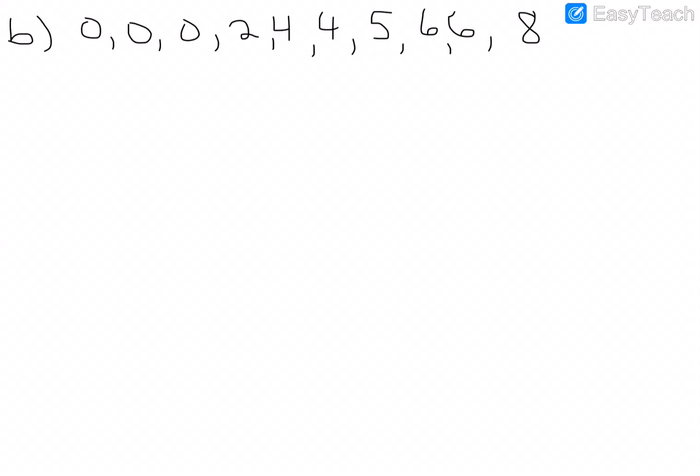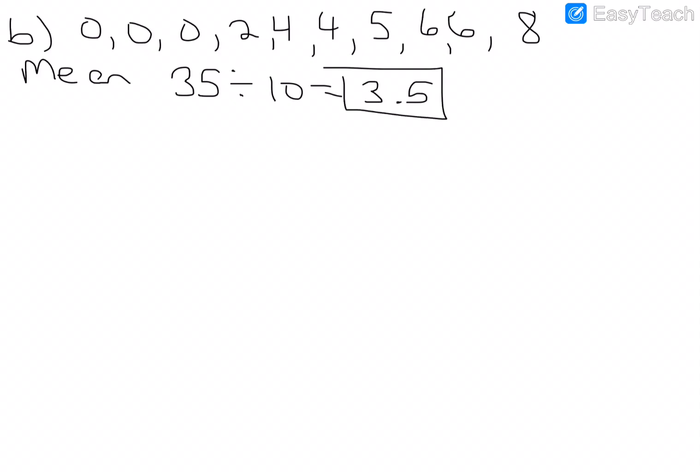Okay, first step, find the mean. We got to add up all these numbers, and there are 1, 2, 3, 4, 5, 6, 7, 8, 9, 10, and divide it by 10. So when I add up all these numbers, I get 35 divided by 10, which will give me a mean of 3.5.